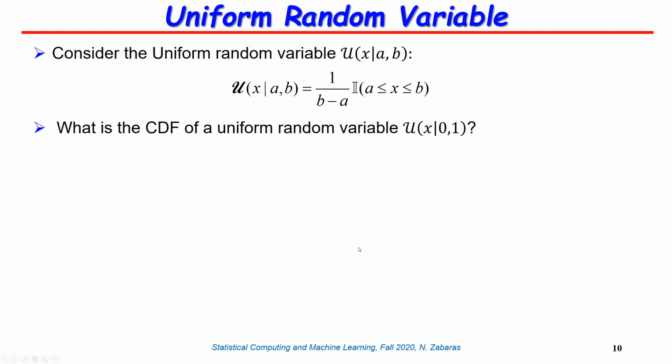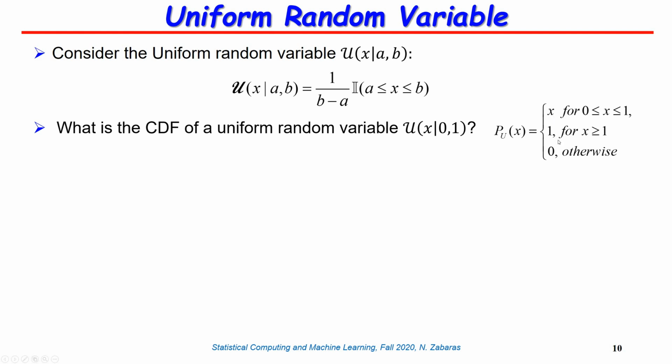Okay, if you want to compute the CDF, basically what you will have to do for different x's is integrate this. So I'm just going to give you the answers. If x is less than 0, obviously you get 0. If x is between 0 and 1, if you integrate this, you are going to get x.